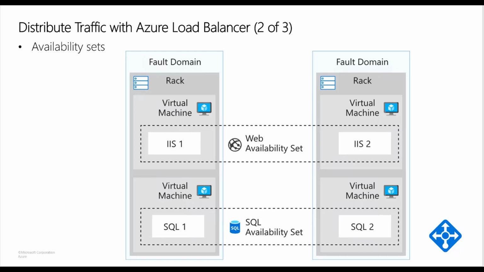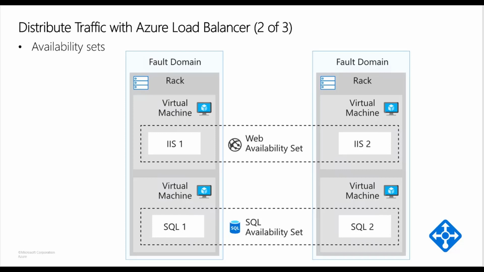If there is a hardware failure or a software failure, only a subset of virtual machines is affected. So the same IIS has been deployed in another rack. If rack 1 goes down, rack 2 will still be able to serve the data.